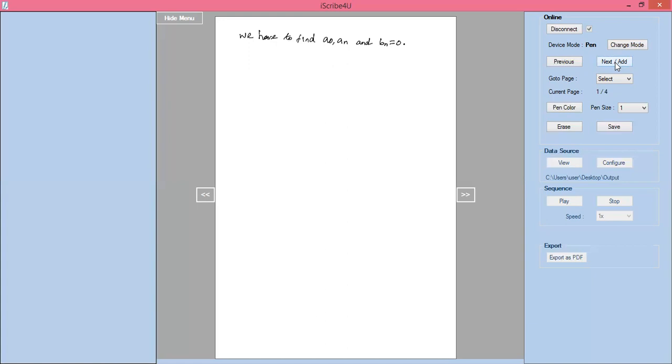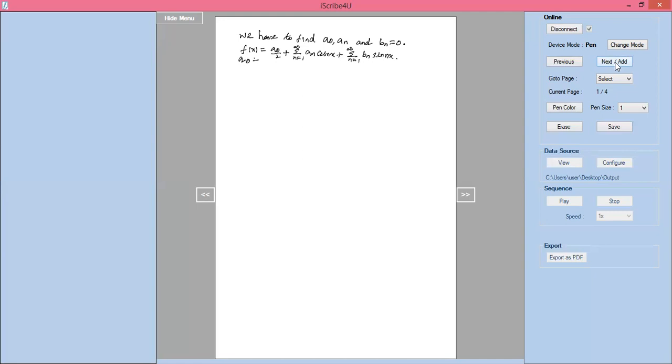Before writing a naught, I'll write the expression: f of x equal to a naught by 2 plus summation of n equal to 1 to infinity an into cos nx plus summation of n equal to 1 to infinity bn into sin nx.